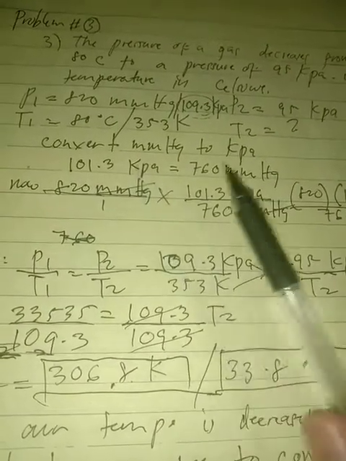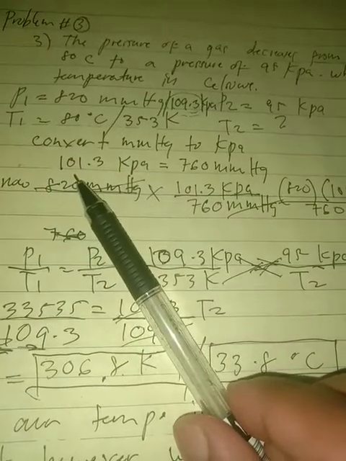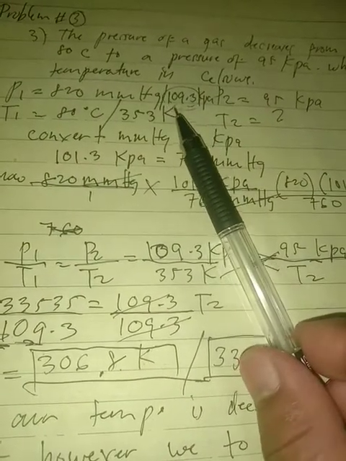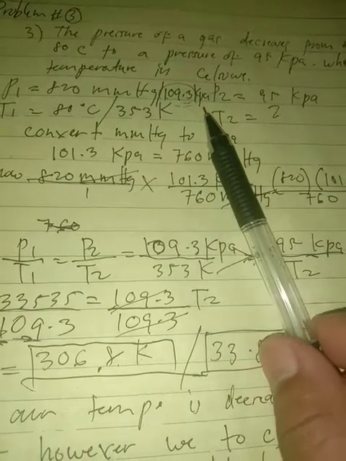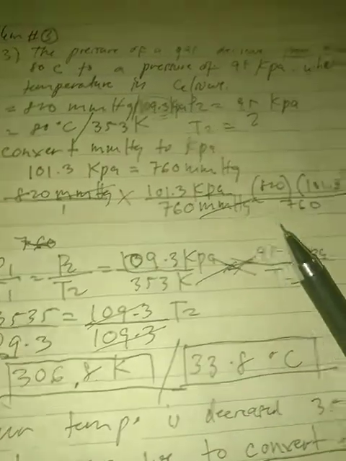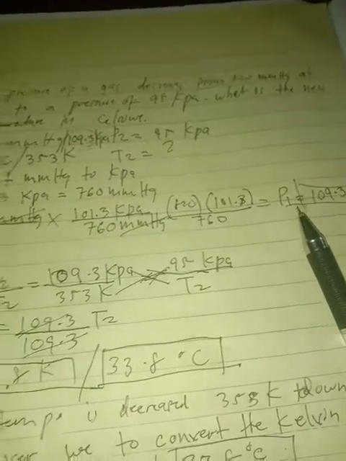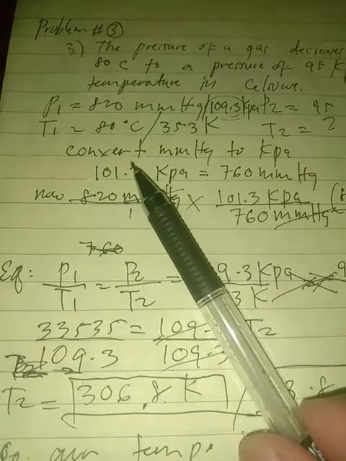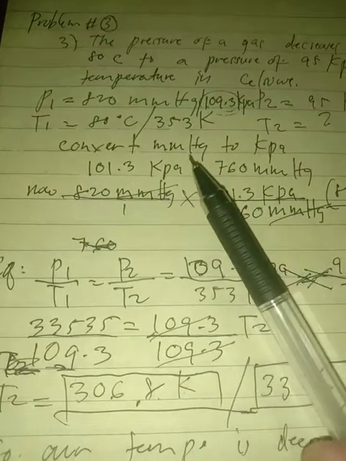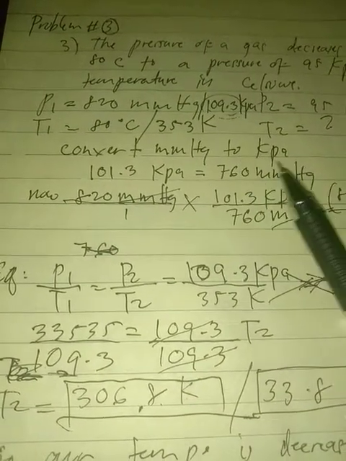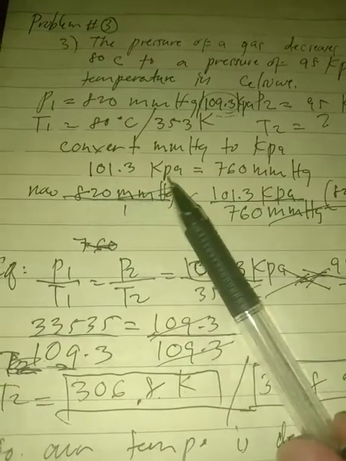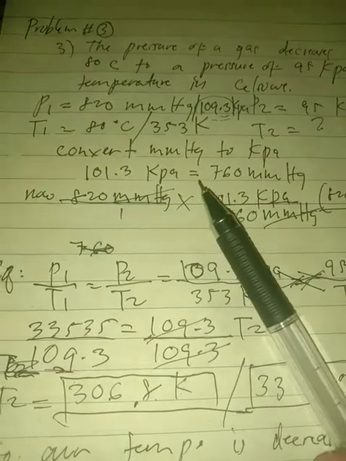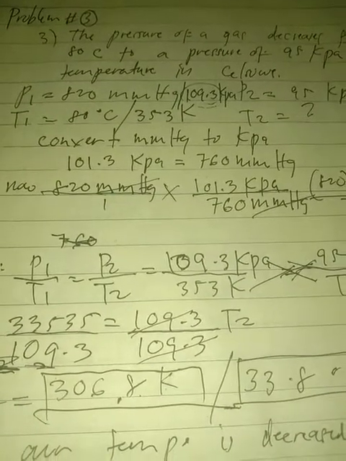Now, how did we get 109.3? Because of the conversion. Knowing how to convert mmHg to kPa, first we write that 101.3 kPa is equivalent to 760 mmHg.